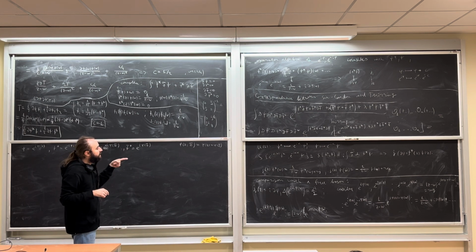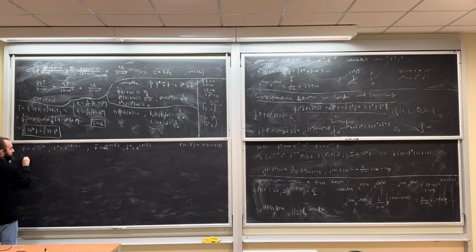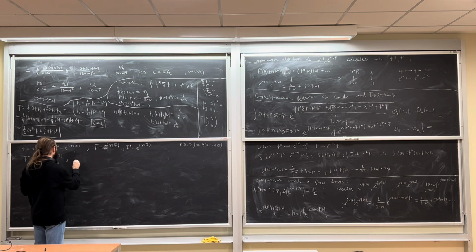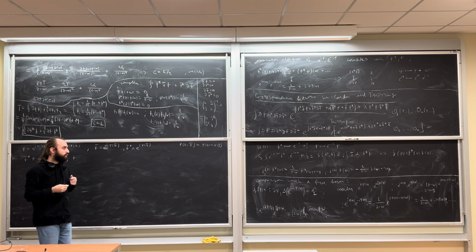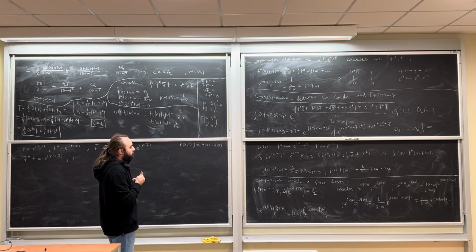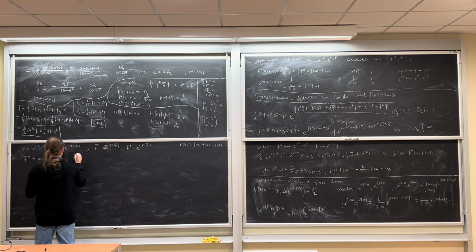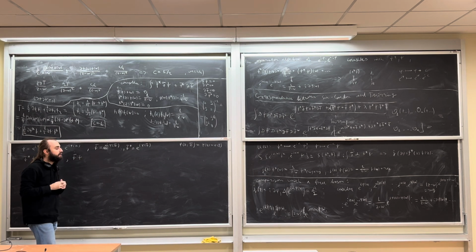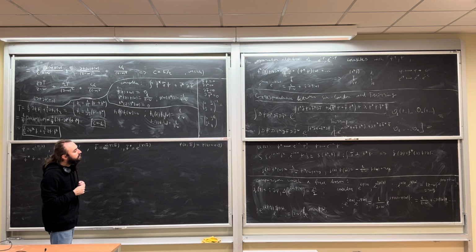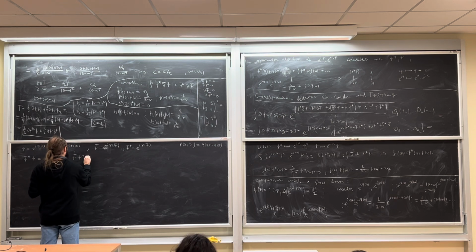So if you now look at this action, then psi bar star psi will equal e to the i phi of z bar. And that other term will be opposite, like psi bar psi star will be e to minus i phi of z bar.